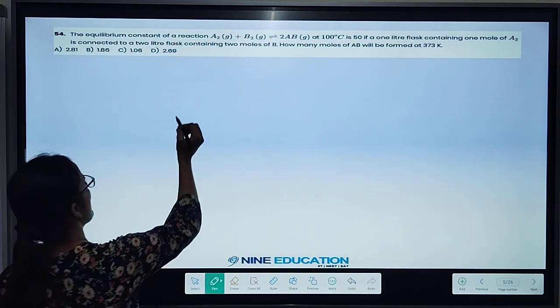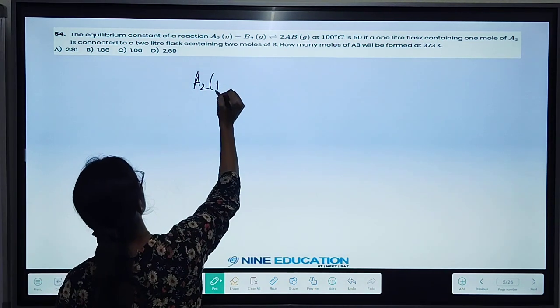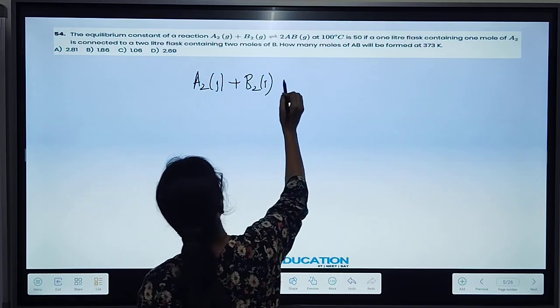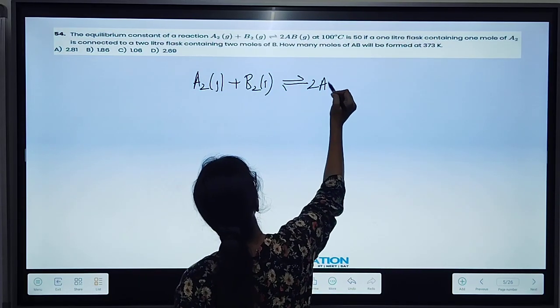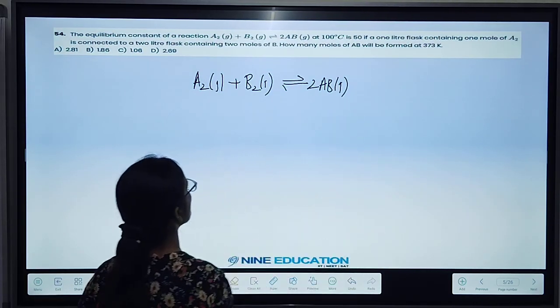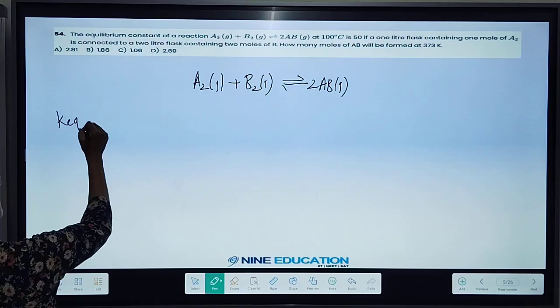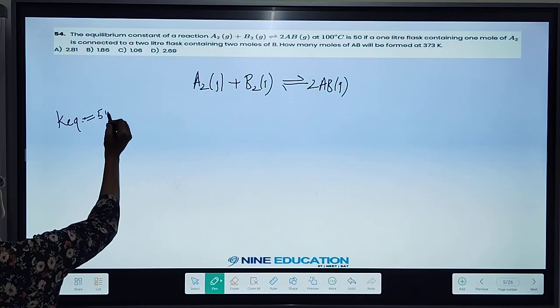So again some reaction is provided, which is A2 gas plus B2 gas giving 2AB gas, and we are doing this at 100 degrees Celsius, and the equilibrium constant is also provided, which is 50.